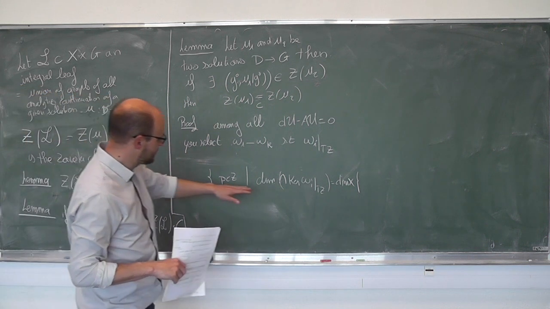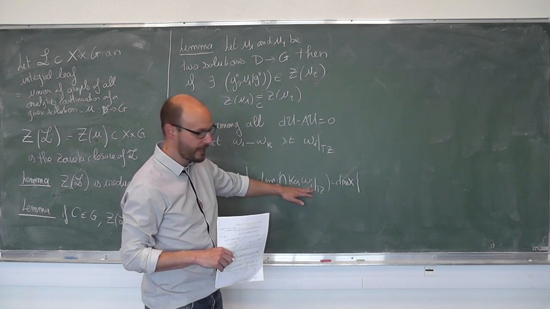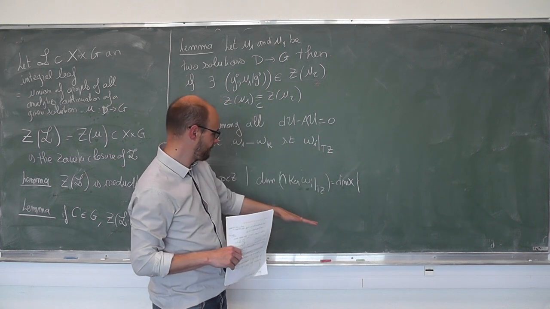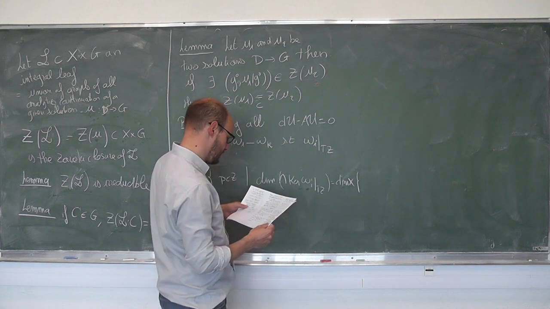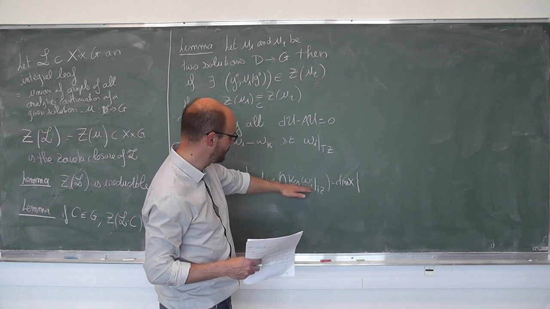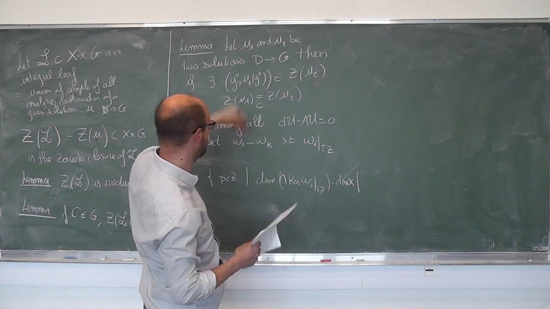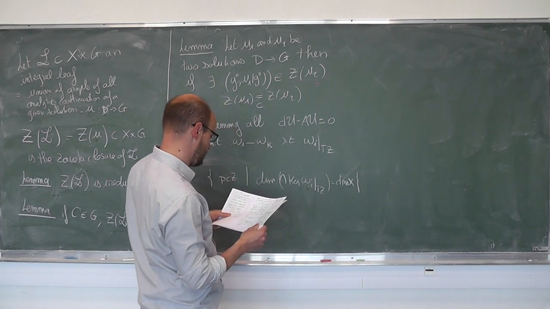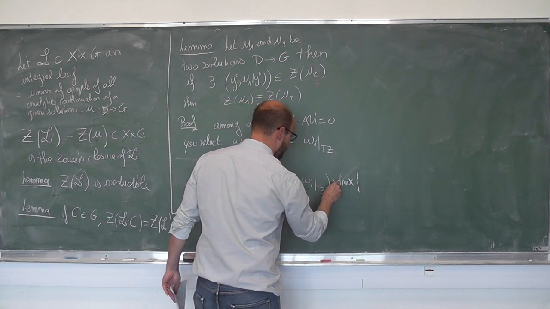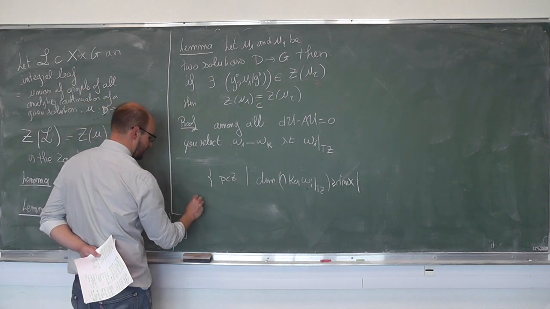What happens now is that the dimension of the kernel is always the dimension of X or bigger, a priori, but it's always the dimension of X or smaller because you have the graph inside. So what you're really looking at is this set here, and this is Zariski closed.